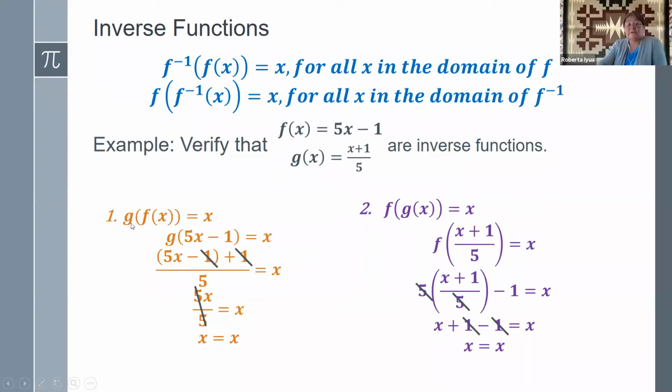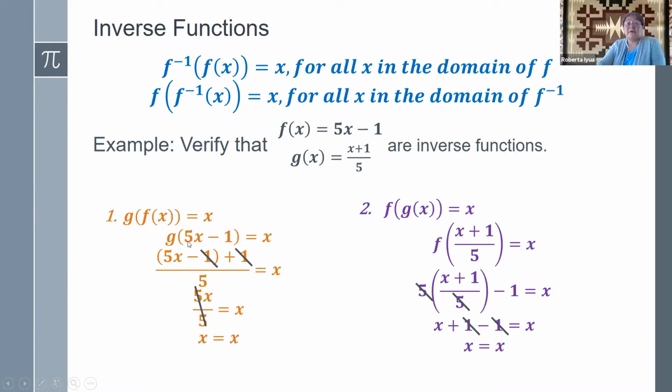First we're going to do g of f of x is equal to x. We put f of x in there, so 5x minus 1. Then we put this into g.